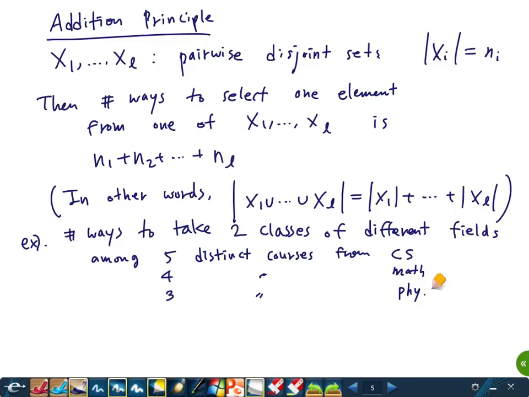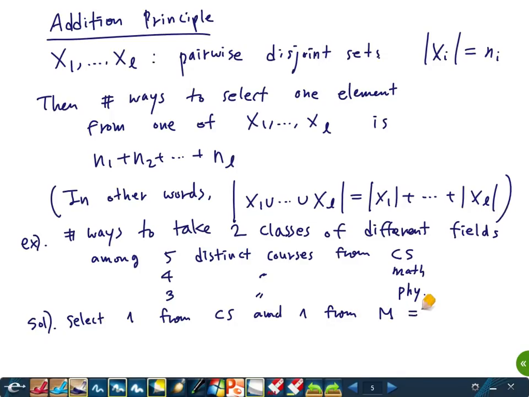Then what is the number of ways to do this? We want to take 2 courses, but different fields, meaning different majors. So there are several ways. Select one from CS, and one from, say, math.